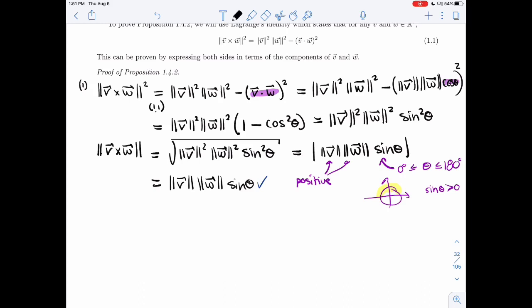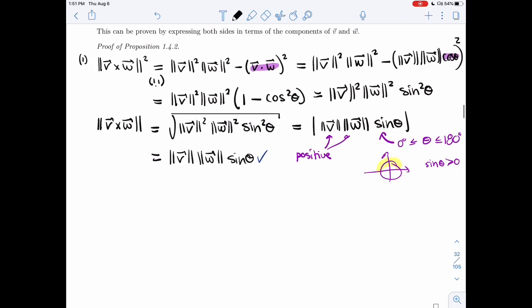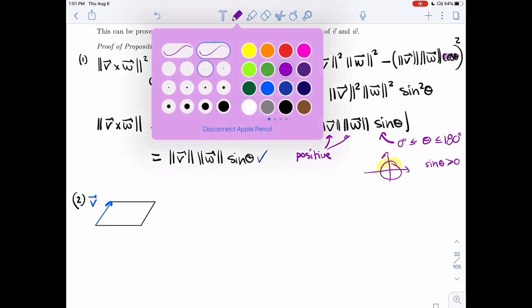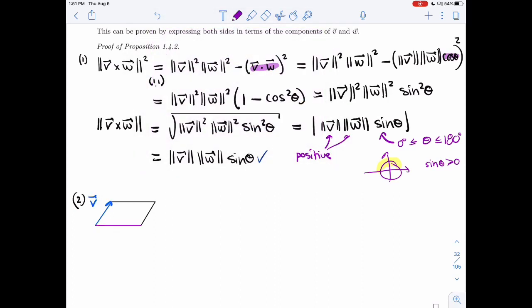All right, now we want to use this to relate the length of the cross product with the area of the parallelogram. So let's draw the parallelogram. I have v here. I have w over here.